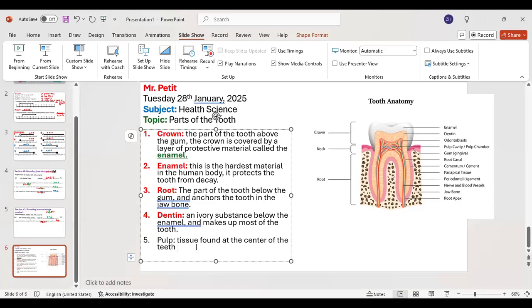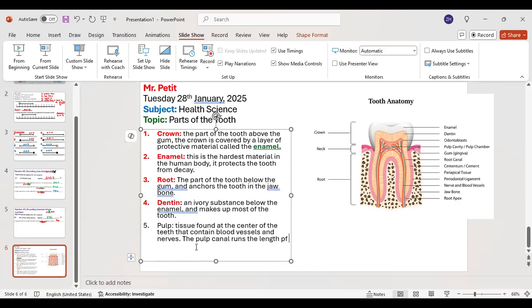Tissue is found at the center of the teeth that contains blood vessels and nerves. The pulp canal runs the length of the teeth. Runs the length of the teeth.